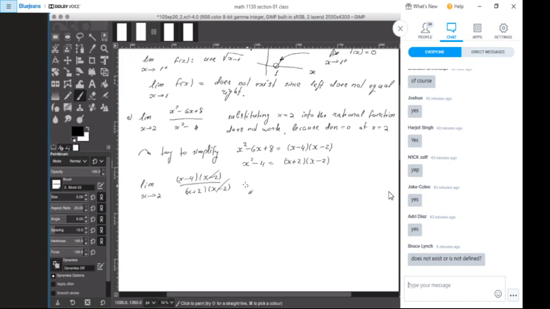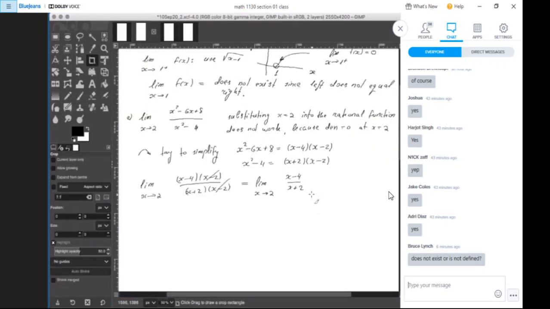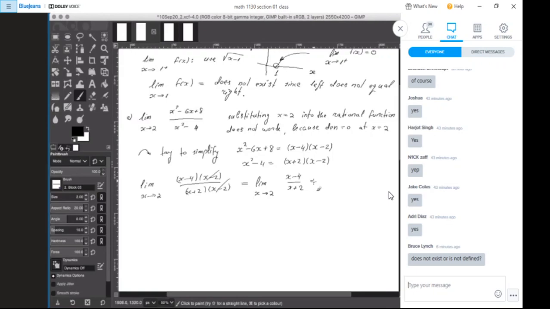These two factors will go, and we'll have the limit as x goes to 2 of x minus 4 divided by x plus 2. Can we now try the rational function rule? Yes, now we got rid of the problematic factor, and now we'll be able to use the rule that we set down in the beginning.